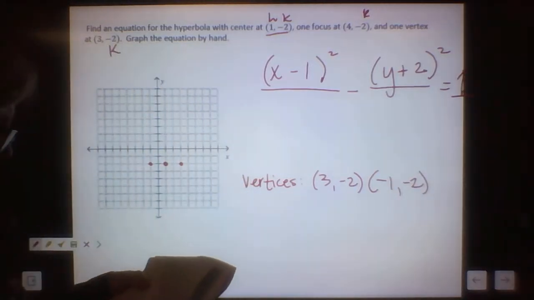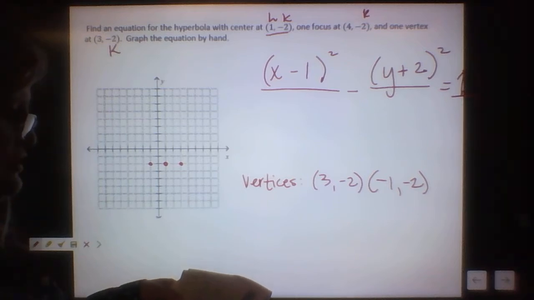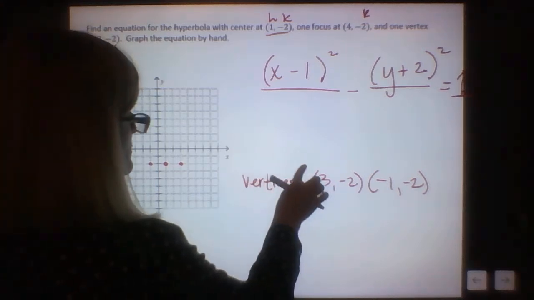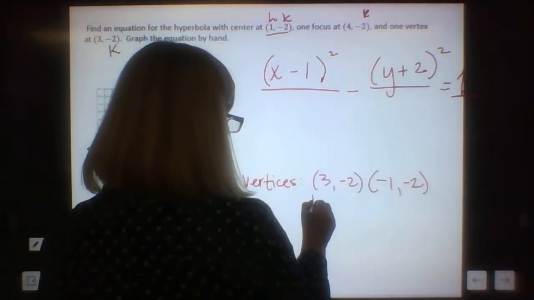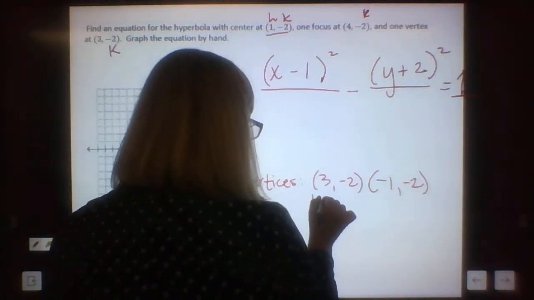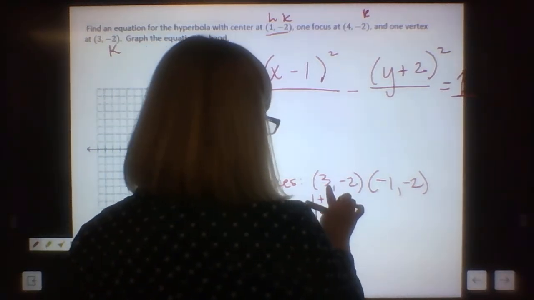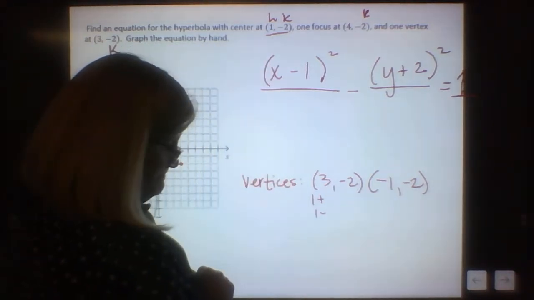So now the vertices are H plus A and H minus A. If my H is 1, 1 plus something and 1 minus something is going to give me 3 and negative 1.